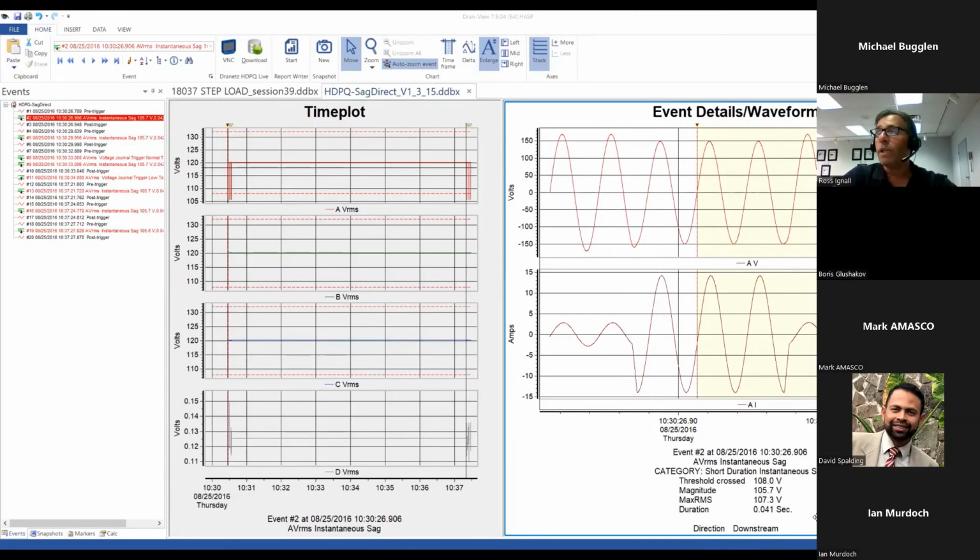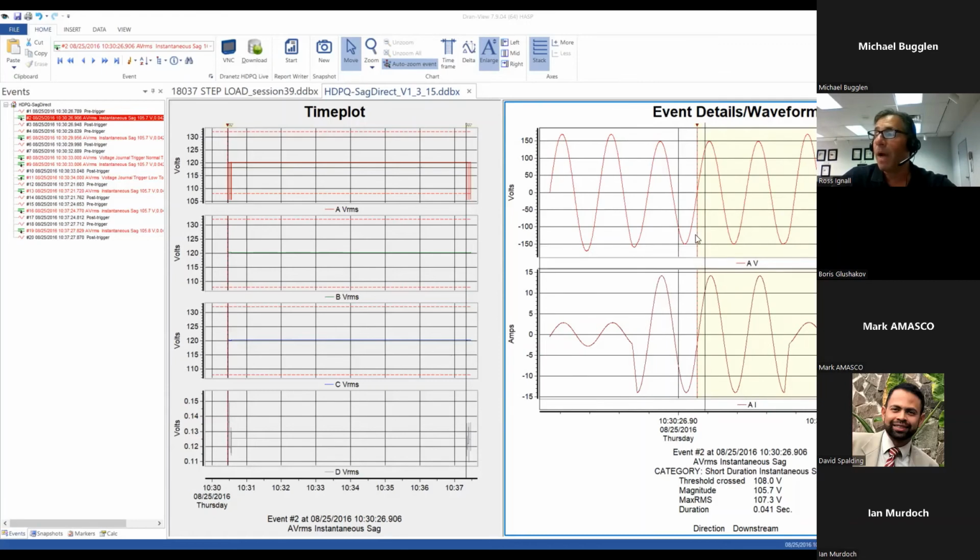So when you have the HDPQ products or even their predecessors, the entry-level Visa product does not have the sag directivity answer module. What that means is you need to interpret this data yourself, and play back this webinar and know that when the voltage goes down, the current goes up, that is a downstream event. If you own the HDPQ Guide, the HDPQ Explorer, or Explorer 400, it has what's called a sag directivity answer module.